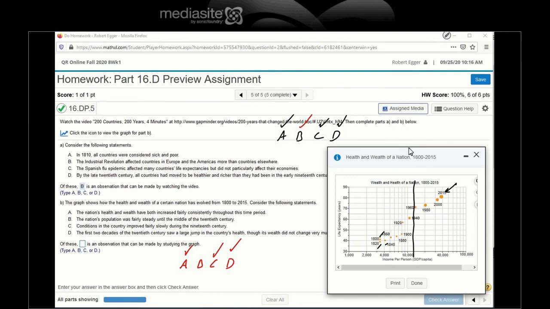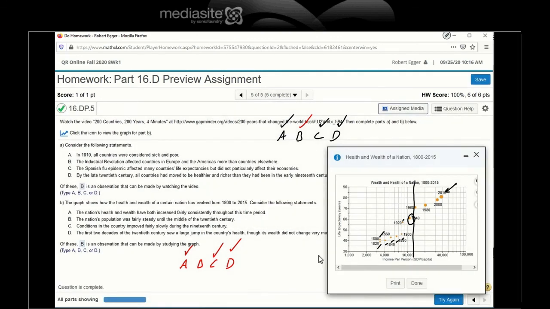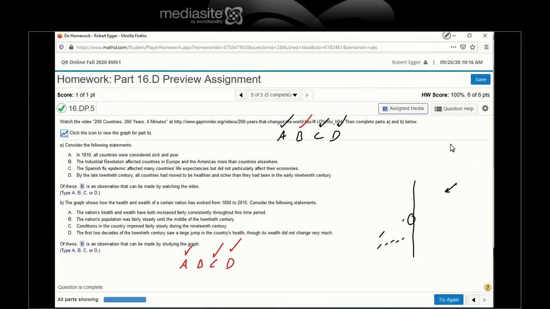Yeah, these are about the same size. 1940 shows it's starting to increase. So until about the middle. So B, correct. We went through every single one, and they were all correct. So no excuse for getting this one wrong.